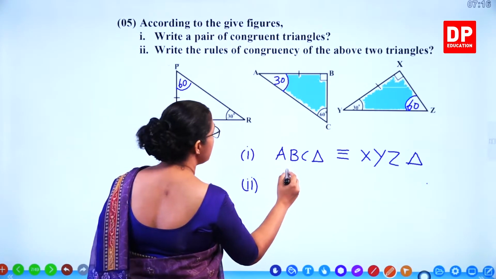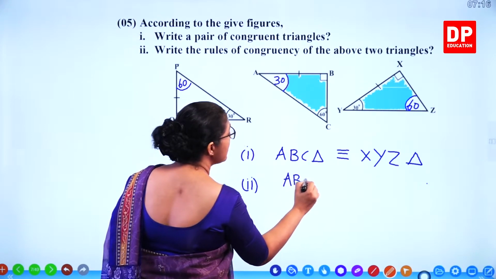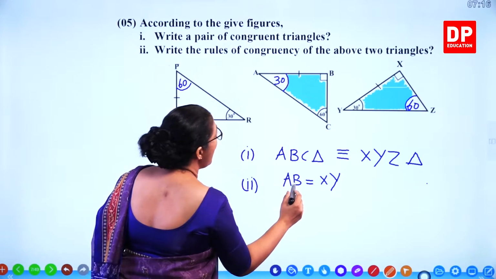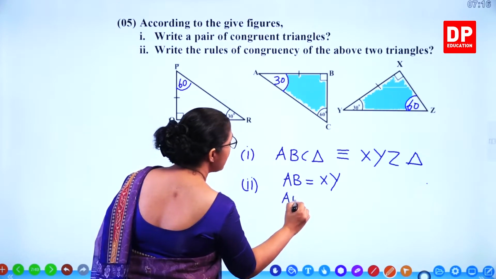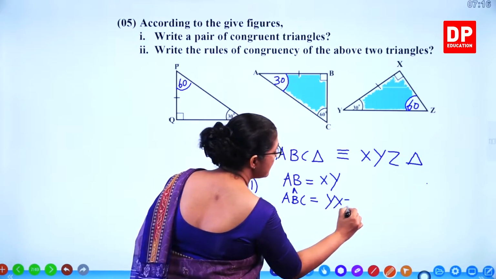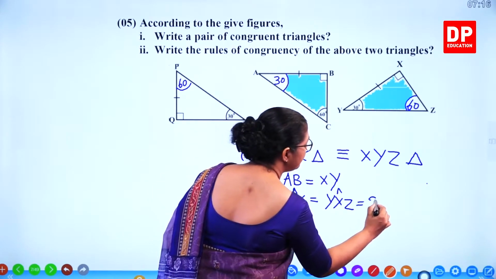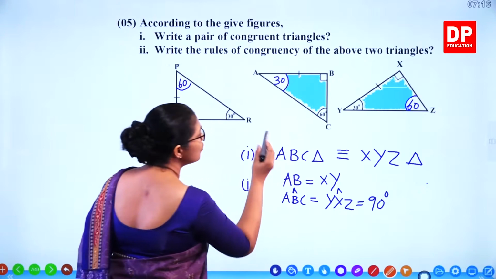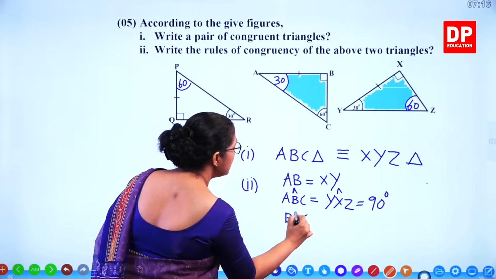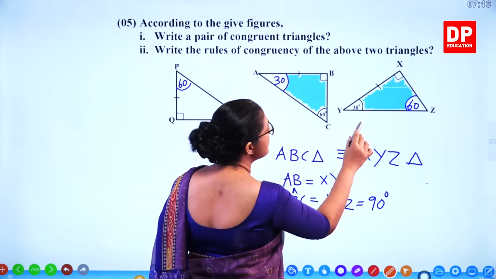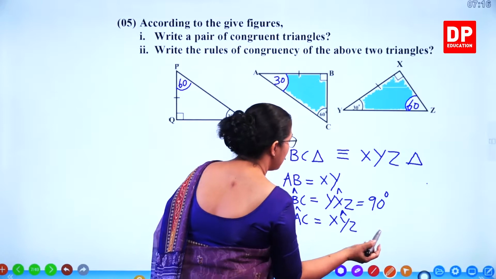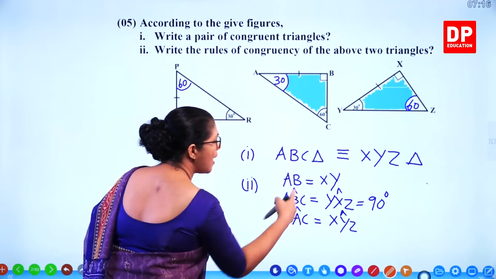So you can write AB is equal to XY and angle ABC is equal to angle YXZ. That's 90. And also one angle you can mention, angle BAC is equal to, that's 30, angle XYZ. So 2 angles and 1 length.